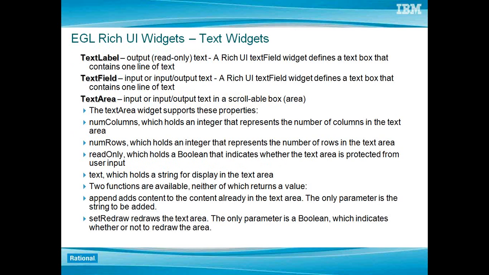And then we have some text related widgets like text label, text field, and text area. Text label denotes the read only or output related labels on the screen, and the text field and text area represent the widgets where the user can enter some values.